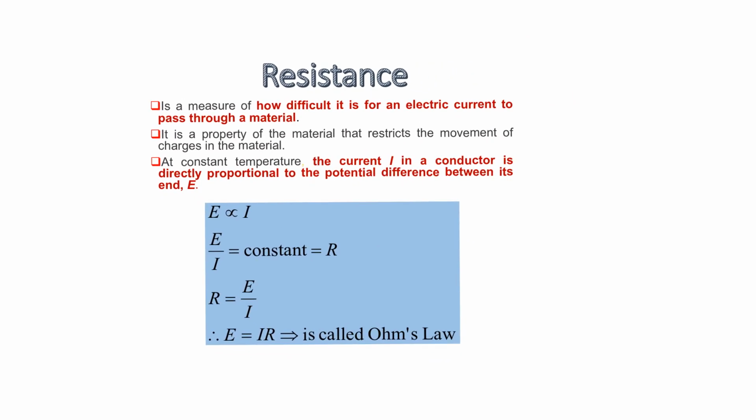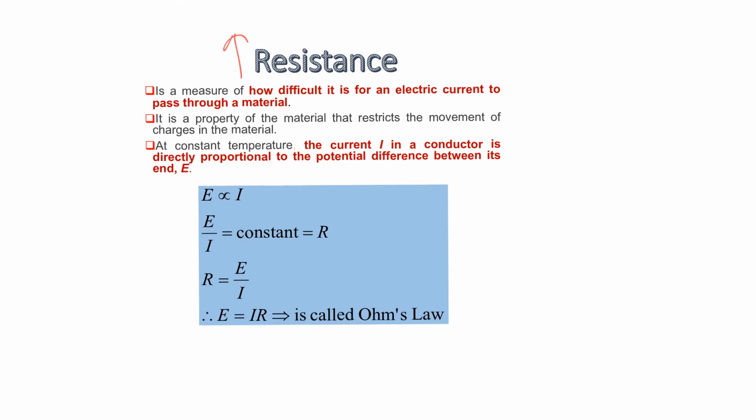Based on what I already mentioned, resistance is how difficult it is for the electric current to pass through. So if resistance increases, definitely the current flow decreases because there's a lot of resistance over there. Here we are going to find the relationship between resistance, current, and potential difference.